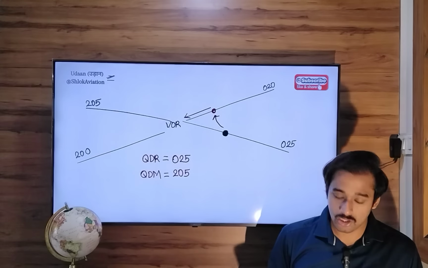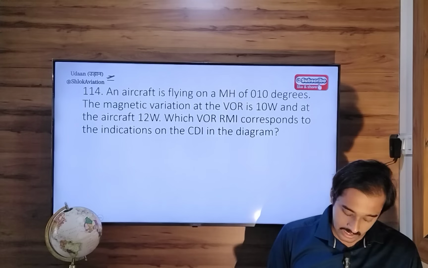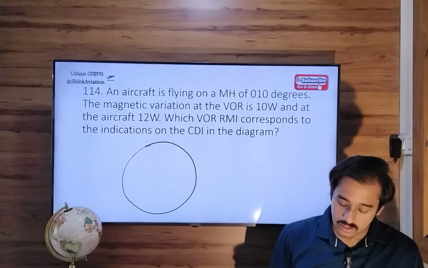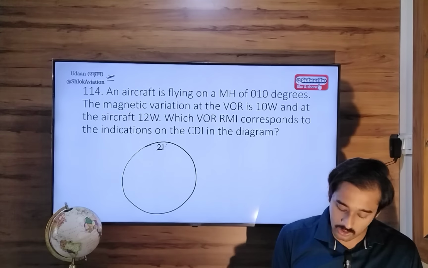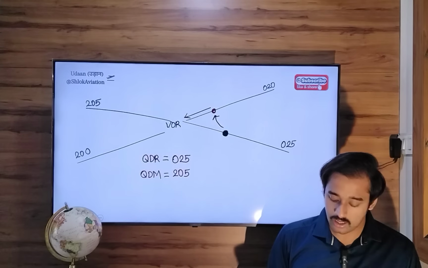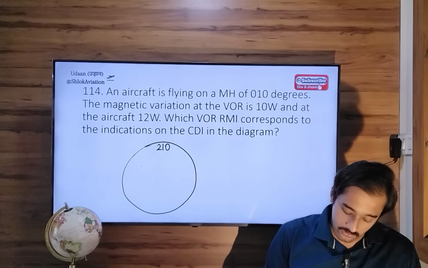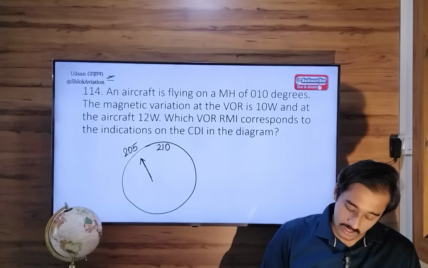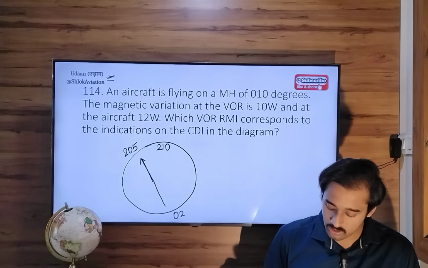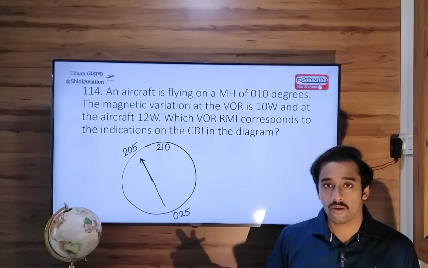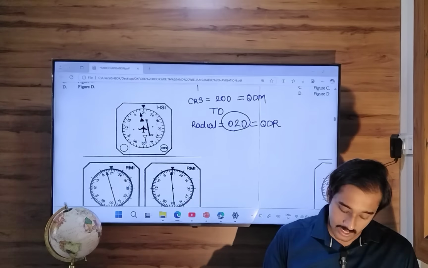So the RMI should be pointing such as this. It should show a heading of 210 and a track towards the station of 205. So the tip of the needle should be pointing at 205 and the tail of the needle should be pointing at 025. So let's find that diagram.